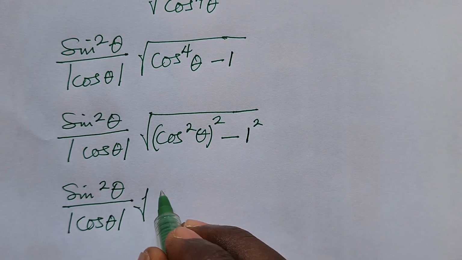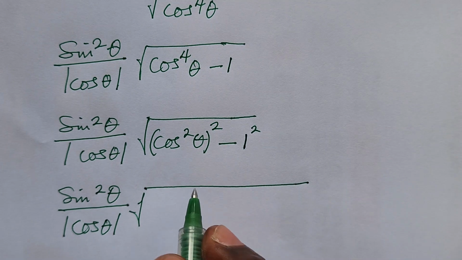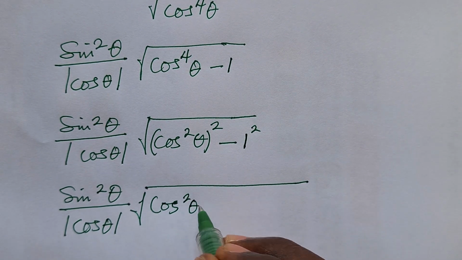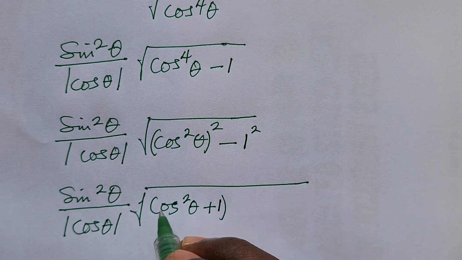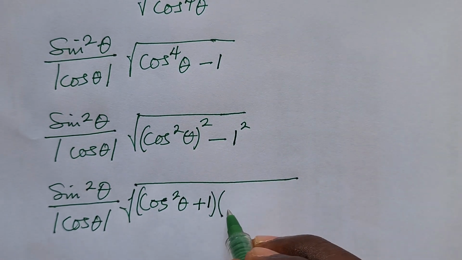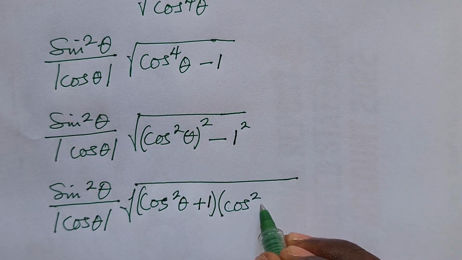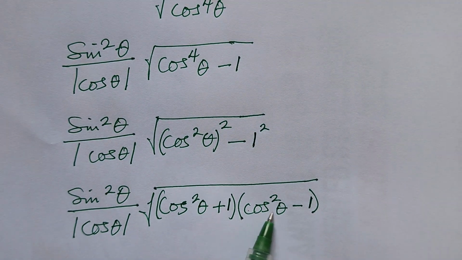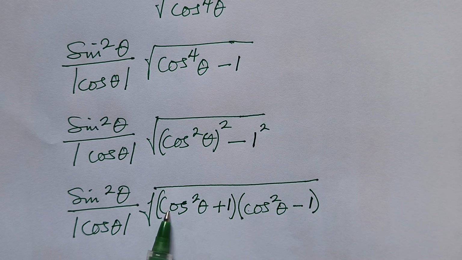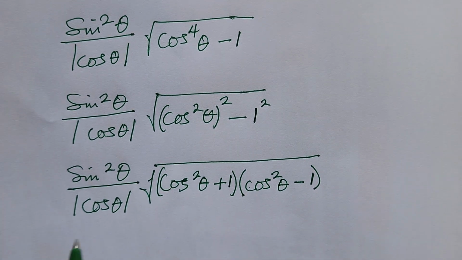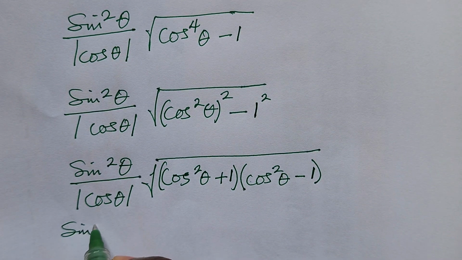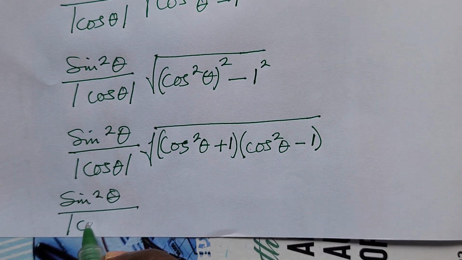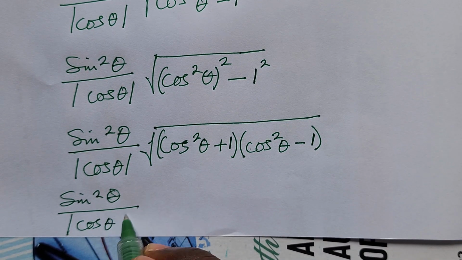There into the square root of cos square theta plus 1, close bracket, there into cos square theta minus 1, close bracket. I want to write this expression I have here now. Bringing this out first, this could be written as sine square theta all over the absolute value of cos theta.